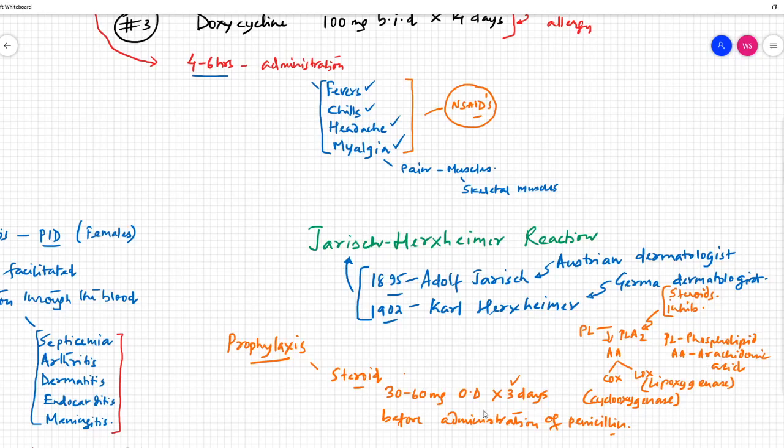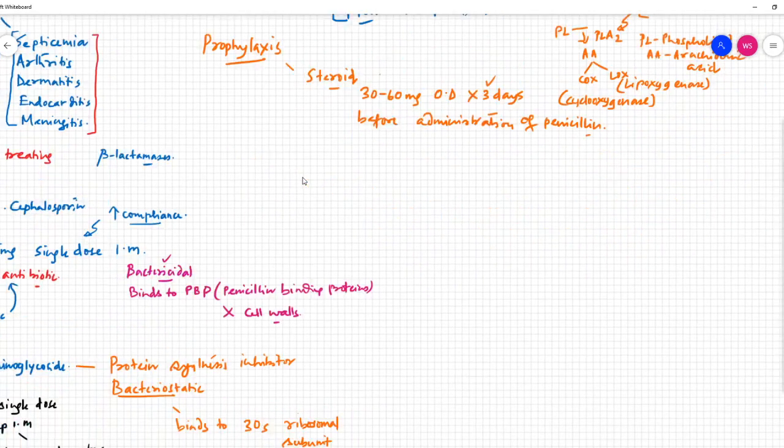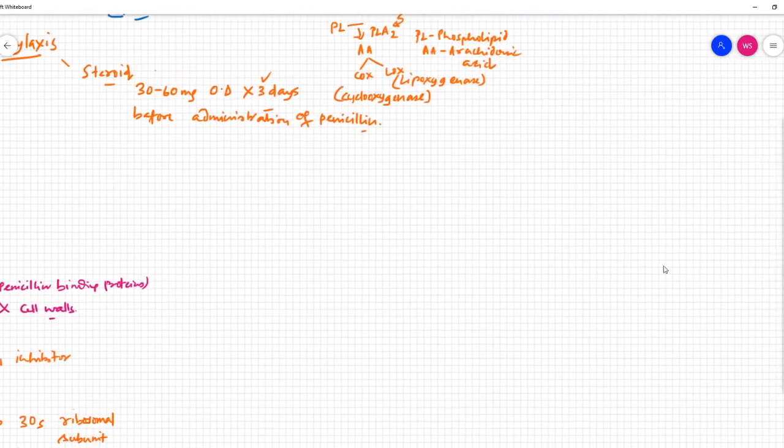But we have not explained what actually causes Jarisch-Herxheimer reaction. So imagine there are lots of corkscrew organisms. These are all the Treponema pallidum, and you are hitting them with penicillin. You are giving penicillin intramuscular.